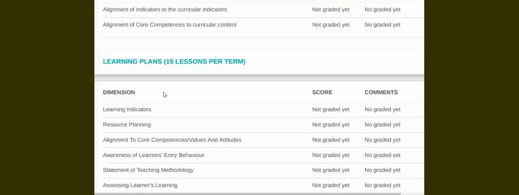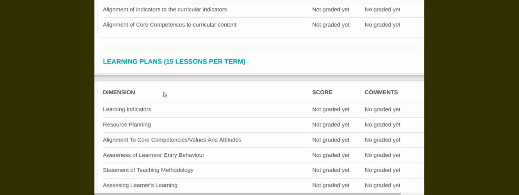And NTC is saying that we are to submit 15 lesson plans per term. And we can all attest to the fact that the longest term we have is 14 weeks. We have 12 weeks and 14 weeks and what have you. So there's no way we'll be able to achieve this target if you write one lesson note per week as we normally do.